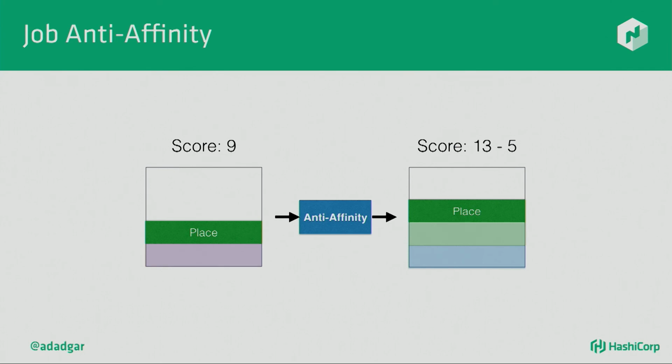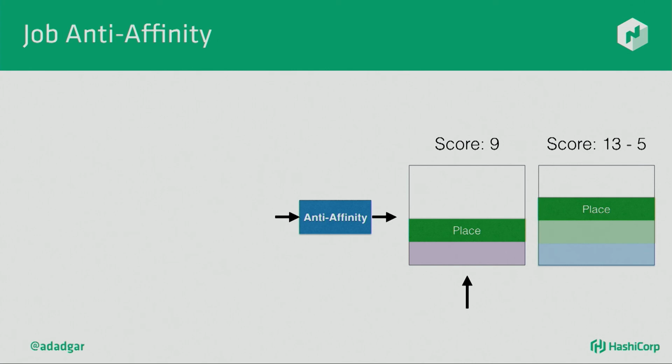So I want to avoid, where possible, putting two together. So when the next one goes through, it doesn't have this problem. So it gets an unmodified score. So the job anti-affinity will only do a negative impact. And what we see is by the end, this node, even though it has lower density, the scheduler will go ahead and pick this because it avoids the co-location problem.